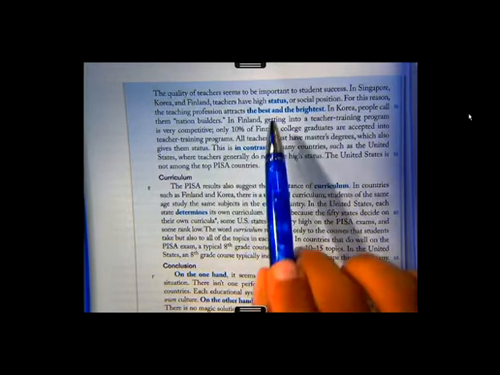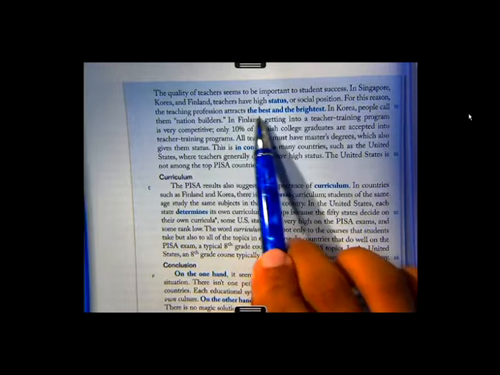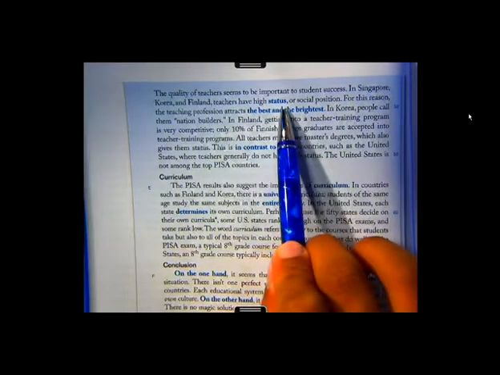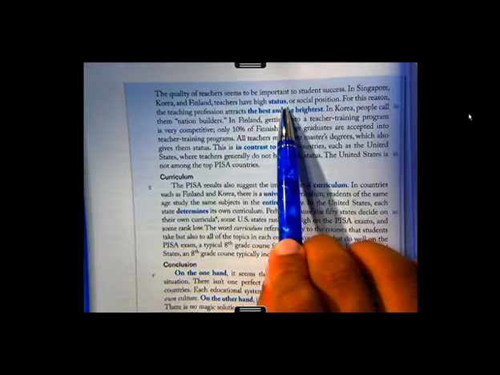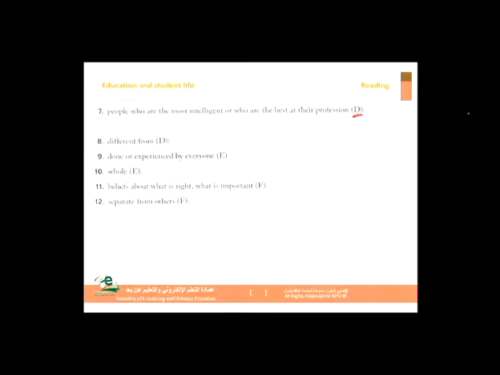All right, so the correct answer is the best and the brightest. And the context tells us about that. And it's basically, this is quite easy. Best. All right.